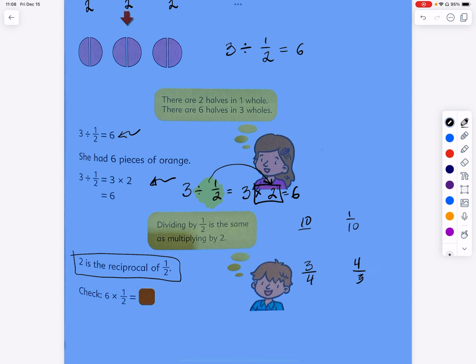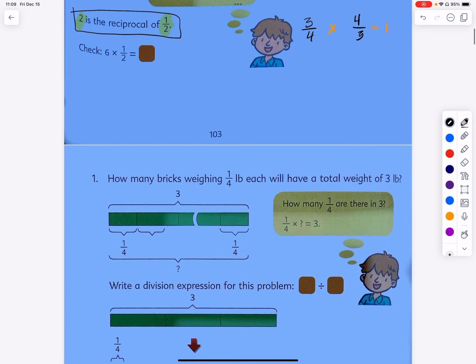As you see, we can think of 10 as 10 ones. 1 goes in the top, 10 goes in the bottom. And the reason is because numbers that are reciprocals when multiplied give us a product of 1. So 2 and 1/2 are reciprocals of each other, and we're going to be using reciprocals going forward.